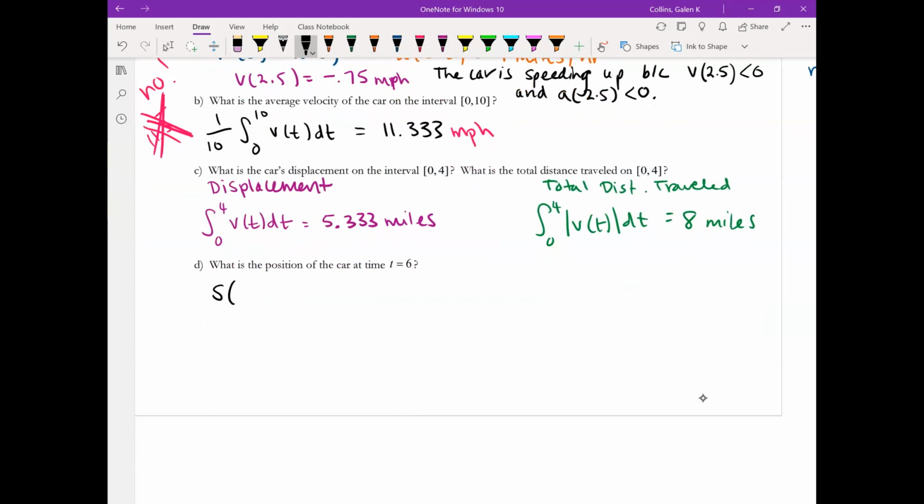The position at 6 is going to be the position at 0 plus the change in position from 0 to 6. And the change in position is displacement. Okay, so we said S of 0 is 5.